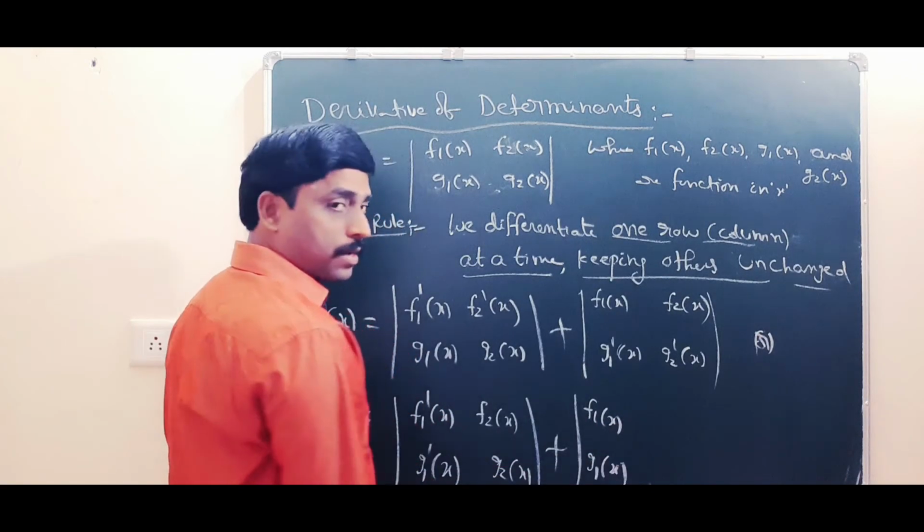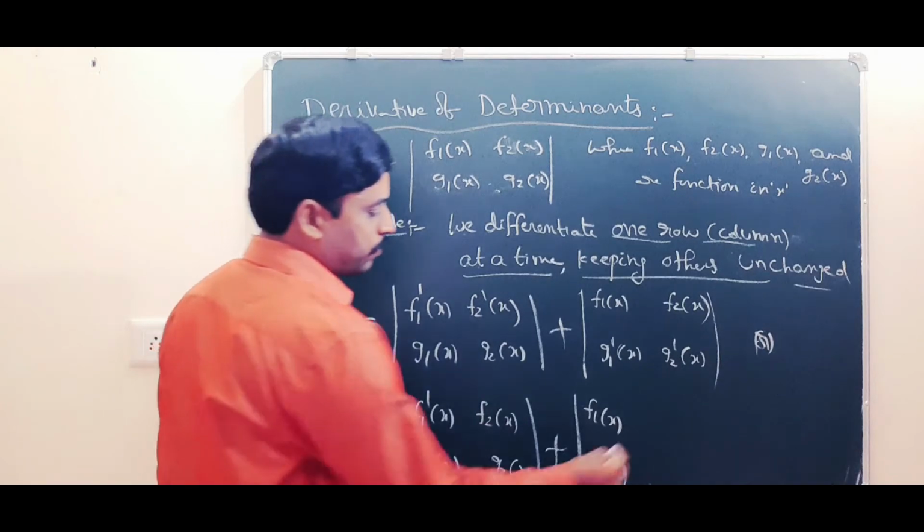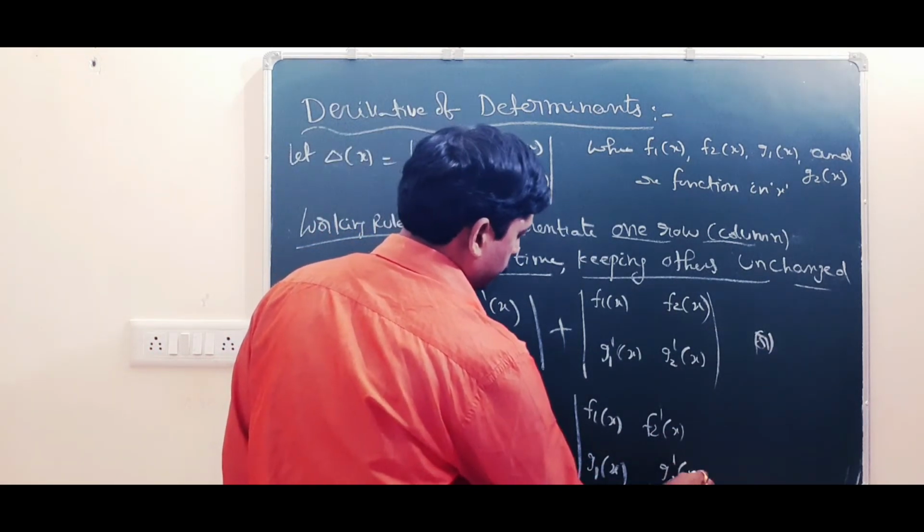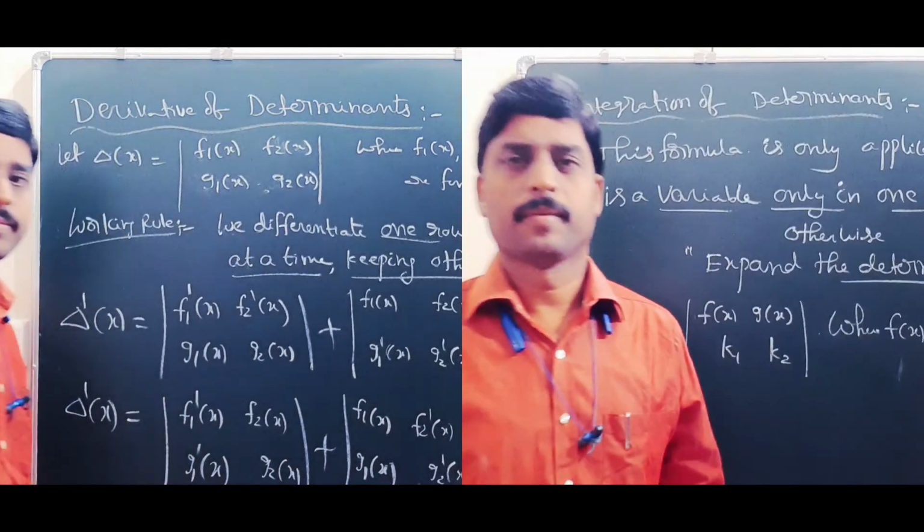So we apply differentiation to the second column, f2 dash x, z2 dash x. This is the process.